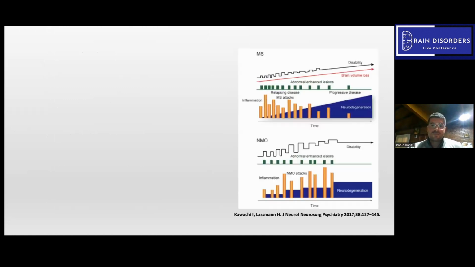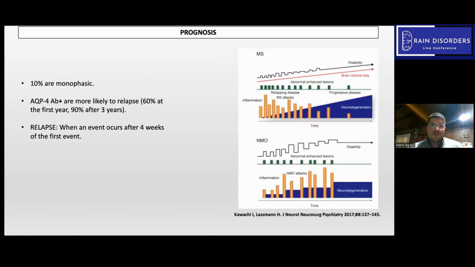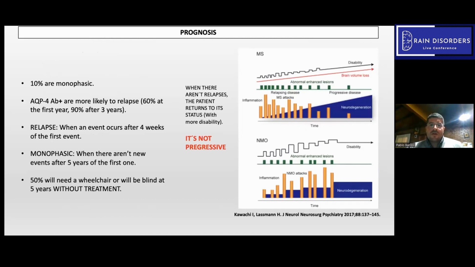Next, please. So, here we have the prognosis. Kawachi and Wingerchuk are researching this, and it's really nice to read because it clears all the field within the progressive or not progressive thing.